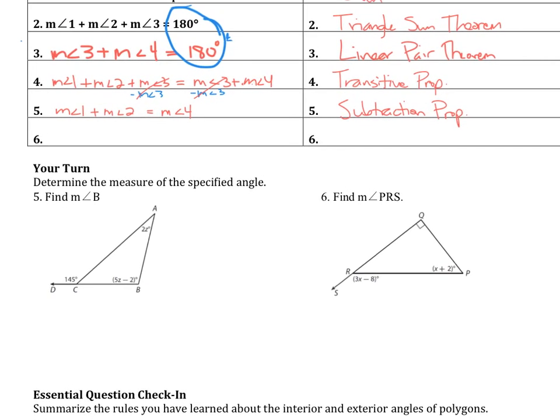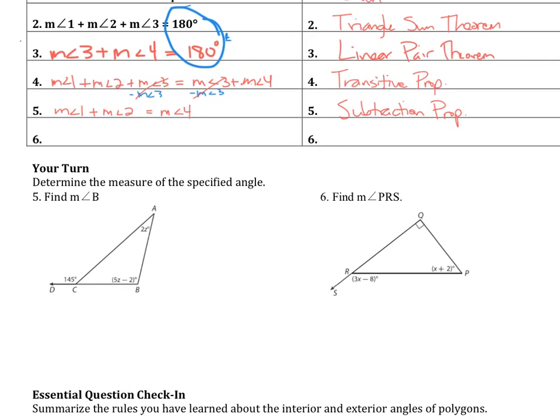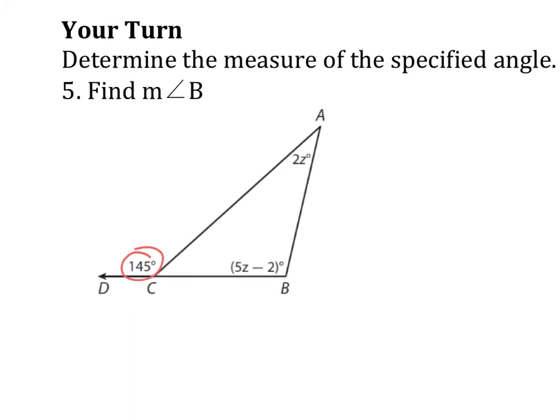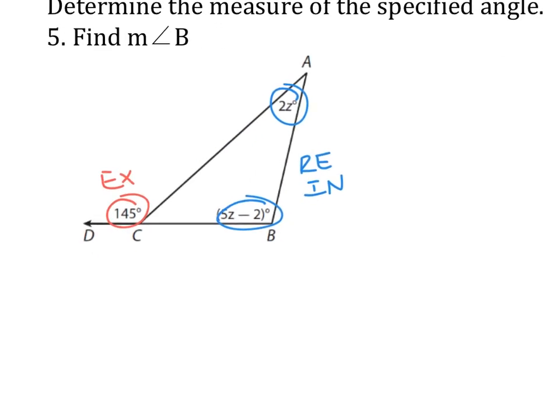So then go ahead and pause the video here and try 5 and 6, and then I will go over them in just a second. So number 5, again, our outside angle equals our two remote interiors added together.